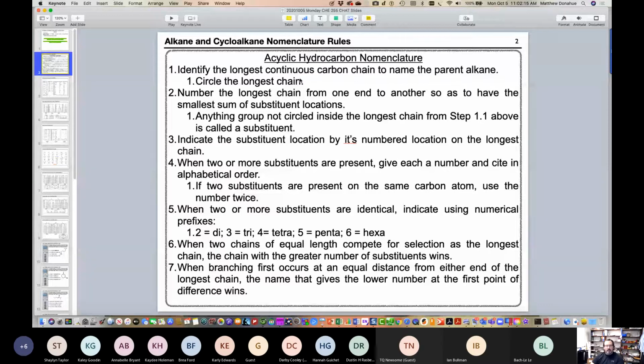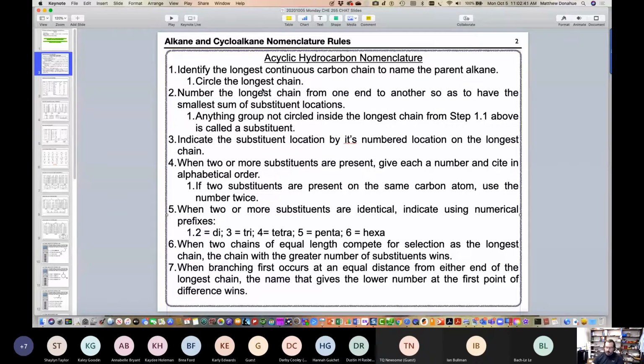When you're given a compound, you identify the longest chain, then you associate that chain number with a parent alkane. Once you find the longest chain, we're going to number it in such a way that everything on the chain has the lowest number. Things hanging off that chain are called substituents.